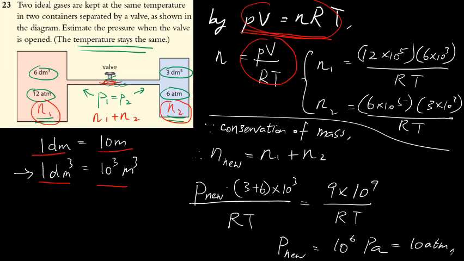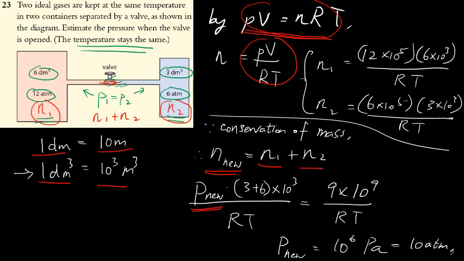So by rearranging PV equals nRT, you can express, before you open the valve, N1 and N2 with respect to their volume and pressure. Then you find N1 plus N2, which equals the total number of molecules at last, and that corresponds to the new pressure you reach at last as well.